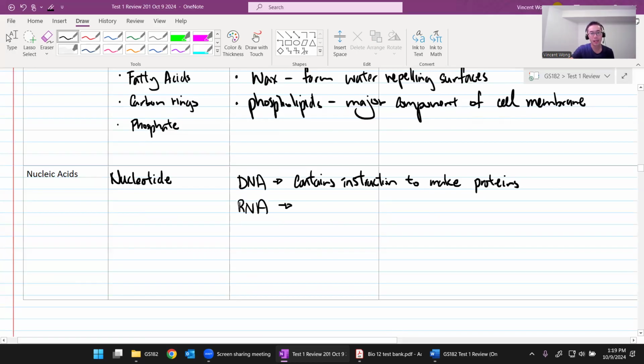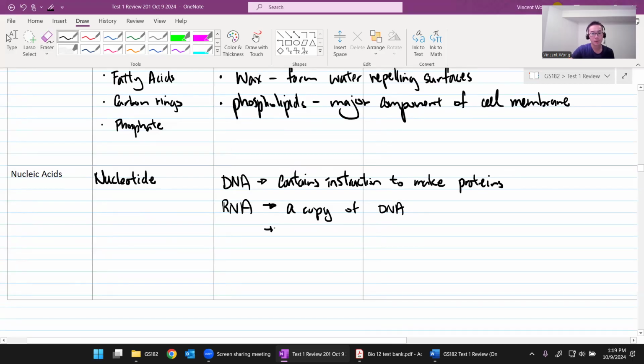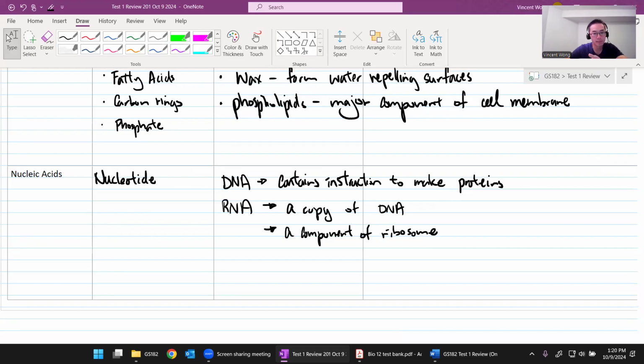And we learned about RNA, which is a copy of DNA. Also, if you remember, RNA is a component of ribosome. The ribosomes are the organelle that makes proteins, and it is itself made up of proteins and nucleic acid, specifically RNA.